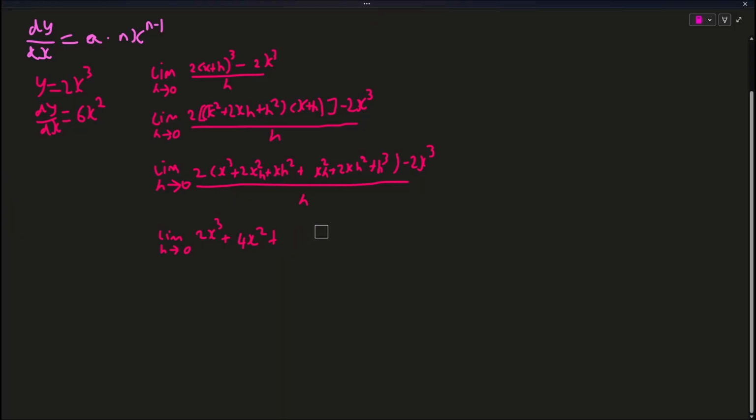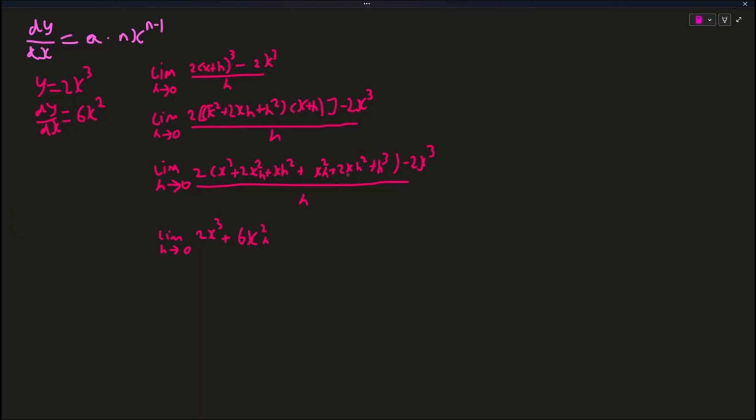6x squared h, right? And this one, okay, 2x cubed plus 6x squared h. And we have xh squared.